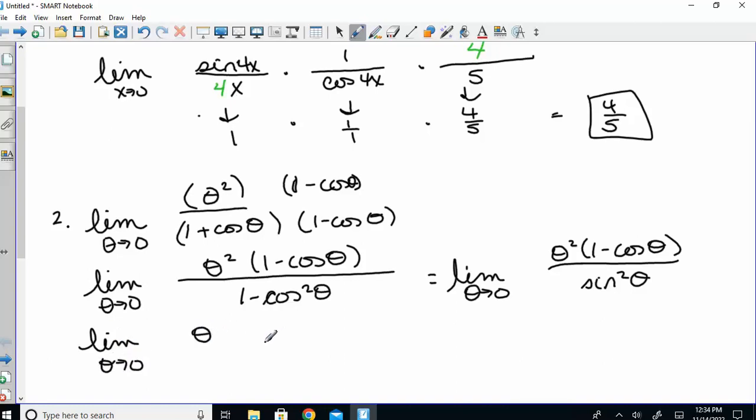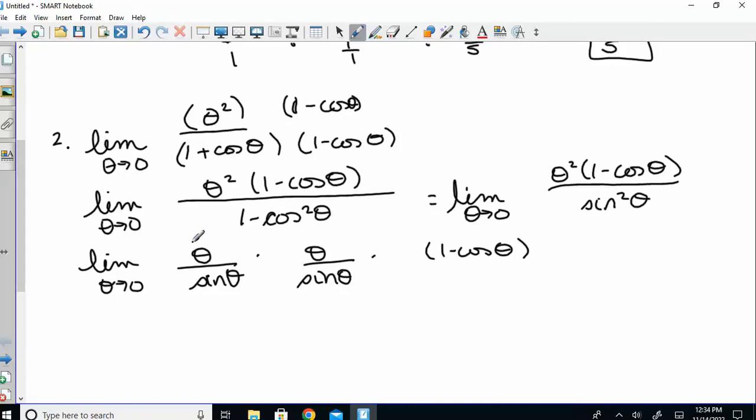So if I break apart theta squared, theta times theta, sine squared is sine times sine. So theta over sine theta is 1.